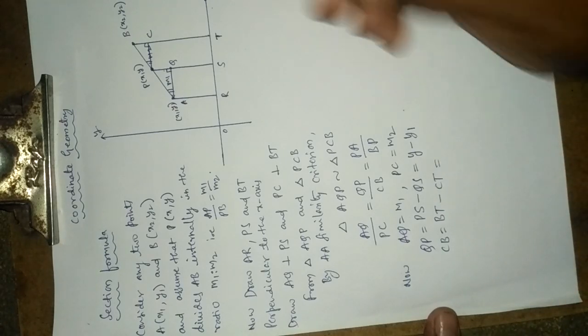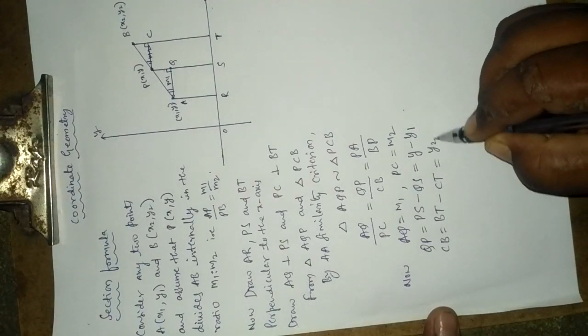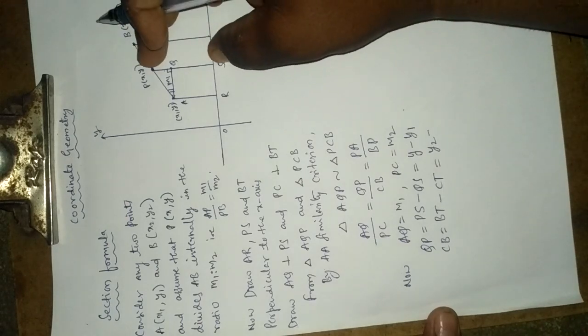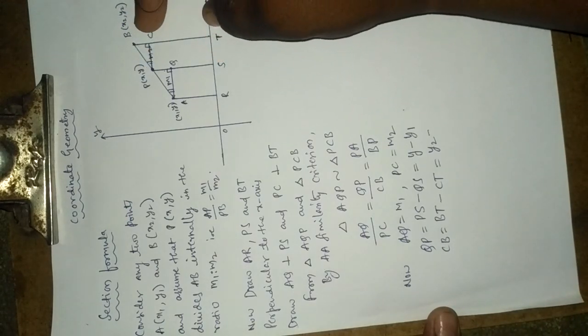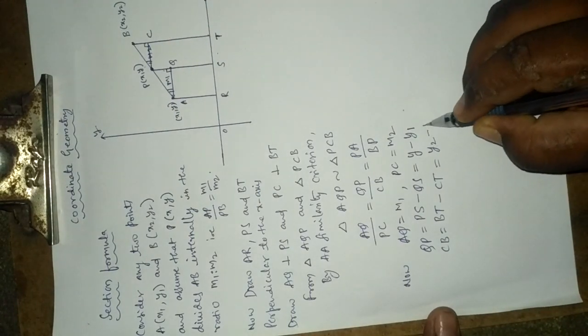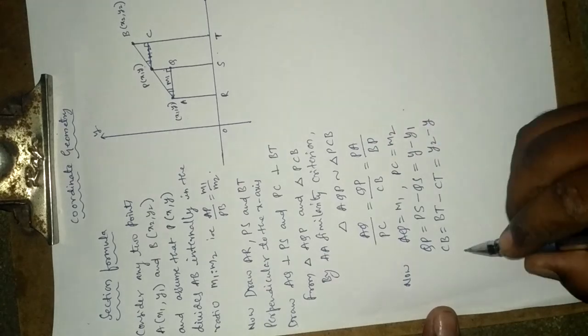That is equal to, what is the value of BT? That is Y2. Y2 minus CT. CT is equal to PS. So CT is equal to PS means PS length is Y. So I am going to write Y here. Next step, here PA.